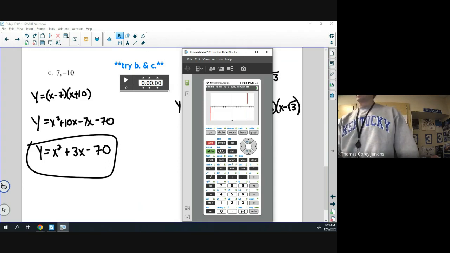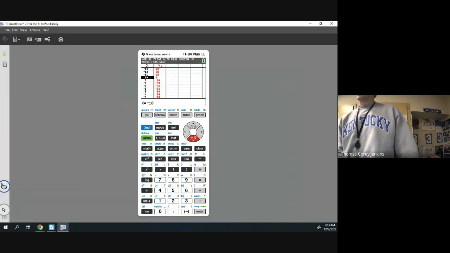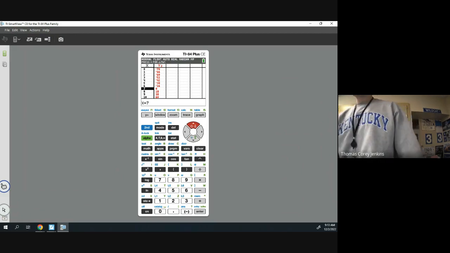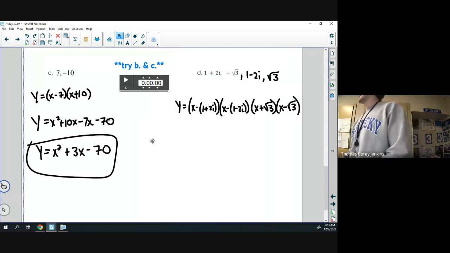And 7, we can definitely confirm in a table, right? So if we go to -10, we see that -10 goes to 0, and then we scroll all the way to 7. We can see that it goes to 0 as well, right? So we did the right thing there, and that's not too bad to check. Checking one of these other ones, you have your hands full.